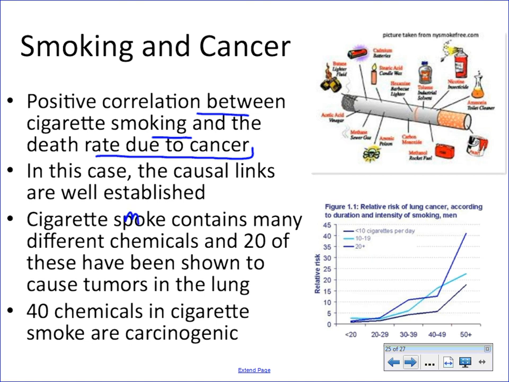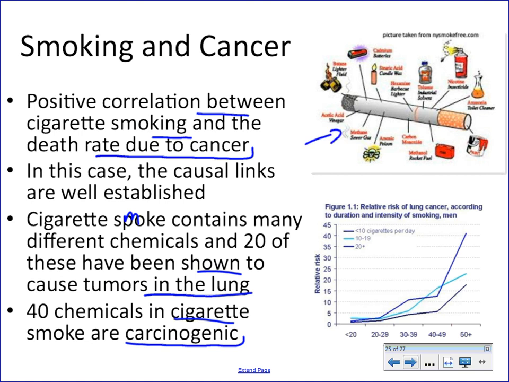Cigarette smoke can contain many different chemicals, and 20 of these have been shown to cause tumors in the lung. 40 chemicals, and we're talking 40 out of about 200 chemicals, which is quite a bit, in cigarette smoke are carcinogenic, meaning that they can lead to the development of tumors.